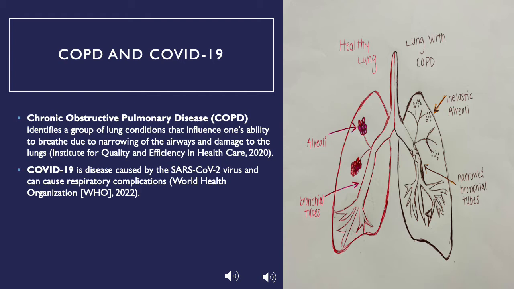In contrast, somebody with COPD has a hard time exhaling, so that air is trapped in their lungs. This relates to why we perform the interventions that we do: all those breathing techniques, the diaphragmatic breathing and the pursed lip breathing, which we will go over in further slides.